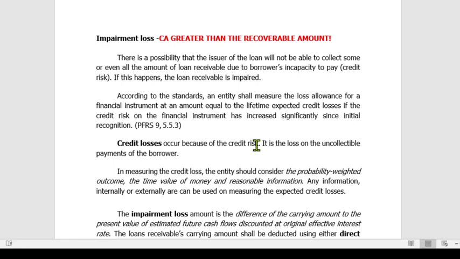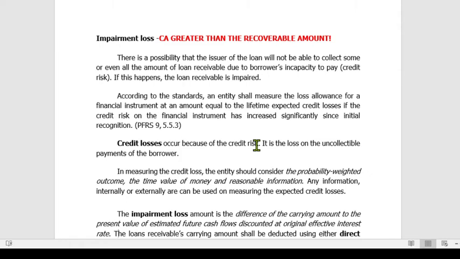There are possibilities kasi, for example, sa loan contract, merong breach of contract between the two parties. Pwedeng hindi niya sinunod yung terms or kaya ay nagkaroon ng bankruptcy on the part of the borrower. So, mahihirapan ka nang ma-recover yung ganitong amount ng loan na nakaset up sa iyong financial statement.